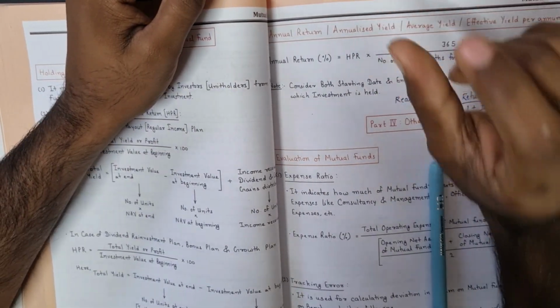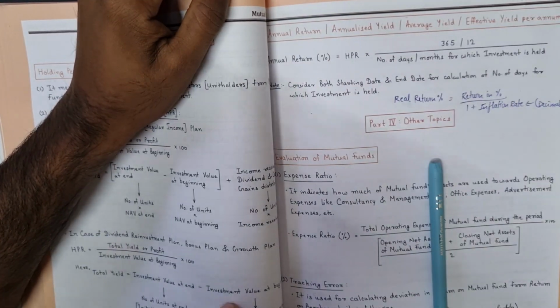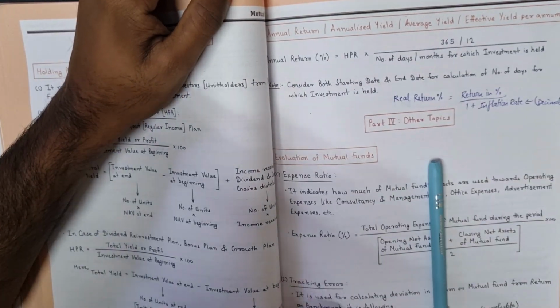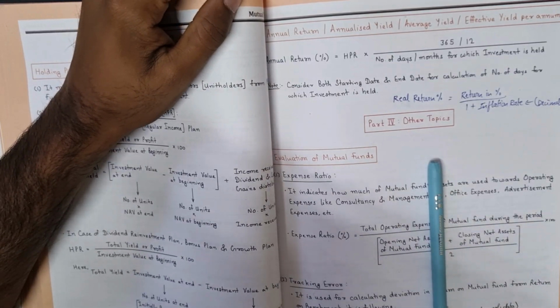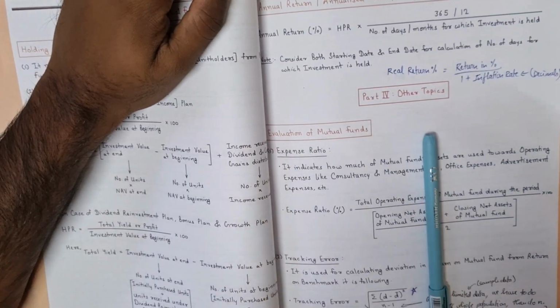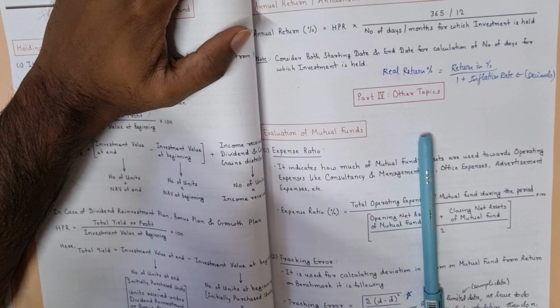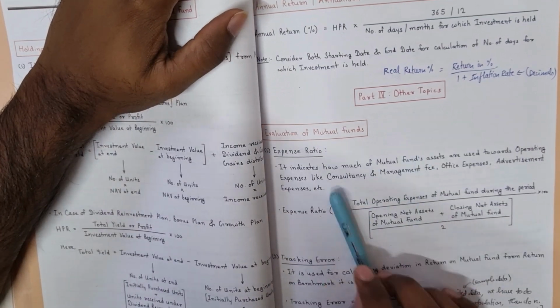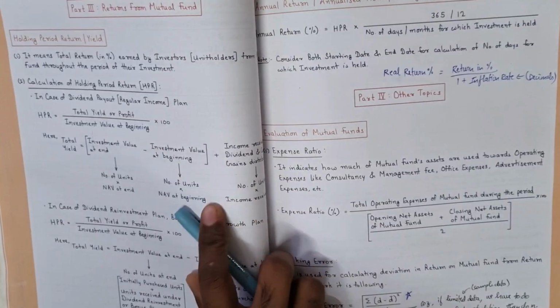That will be added to the investment value at end, minus the investment value at beginning, which is number of units at the beginning into NAV at the beginning. If issue price and repurchase price are available in the question, then these will be used instead of NAV in the above formulas. If issue price and repurchase price are given, use that and not NAV.